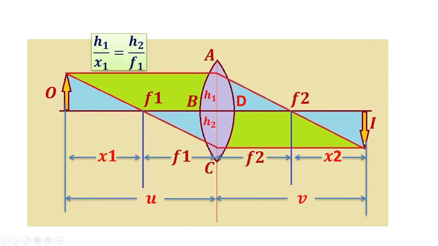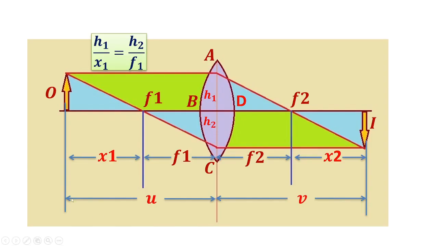Further, whatever the focal length F1 on the left hand side of the lens and whatever the focal length F2 on the right hand side of the lens, further distances x1 and x2 are extended, especially in case of Newton's lens equation.